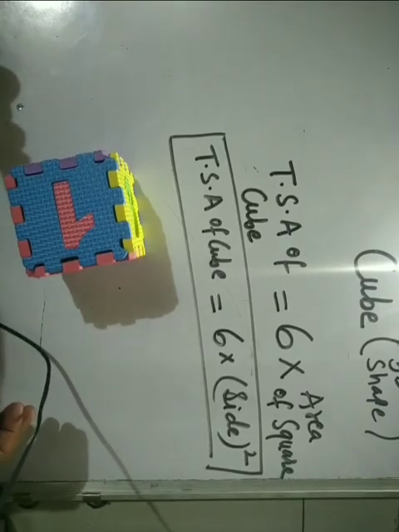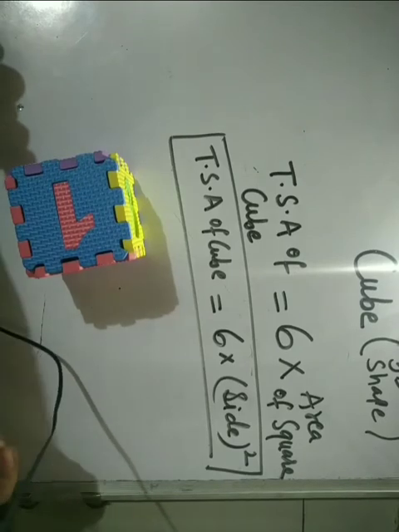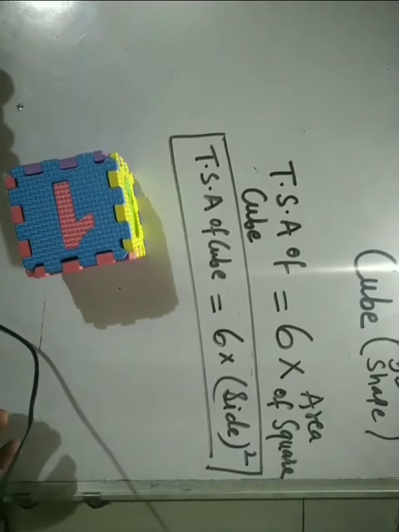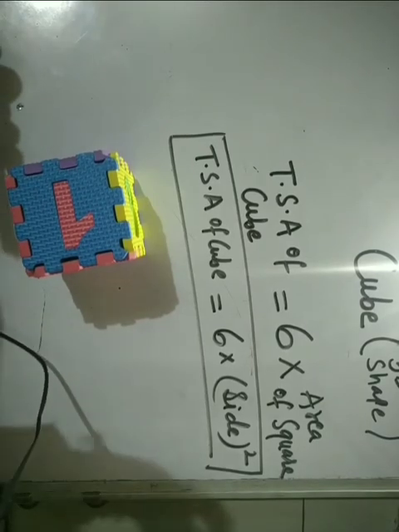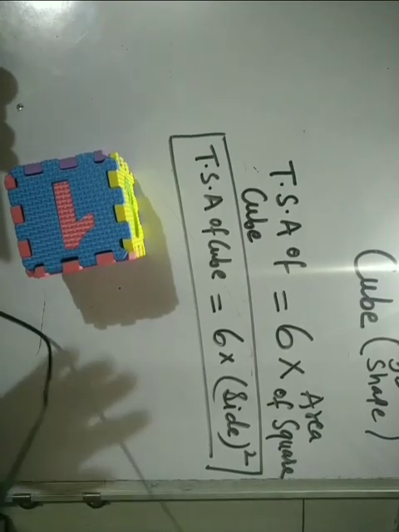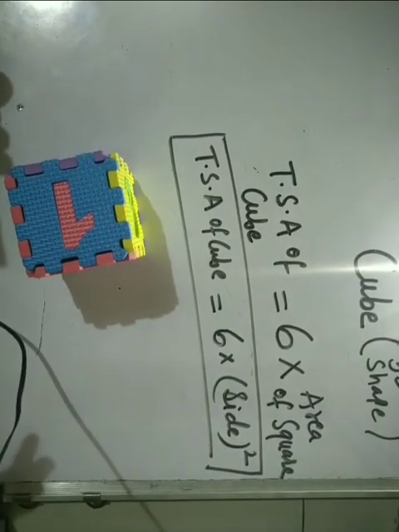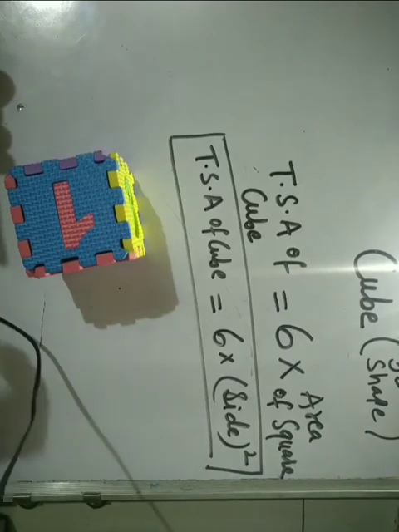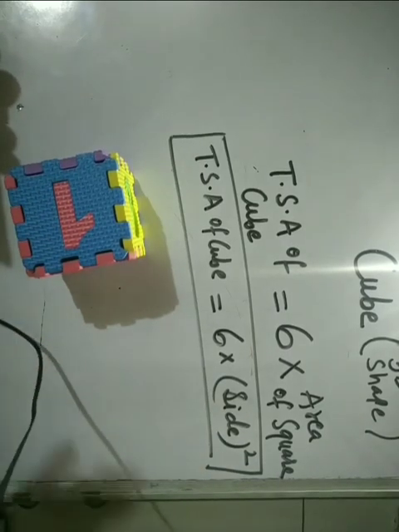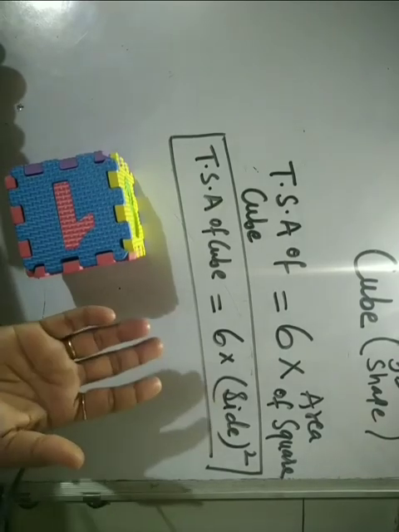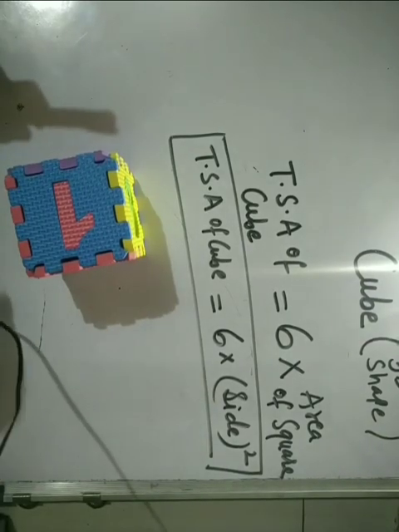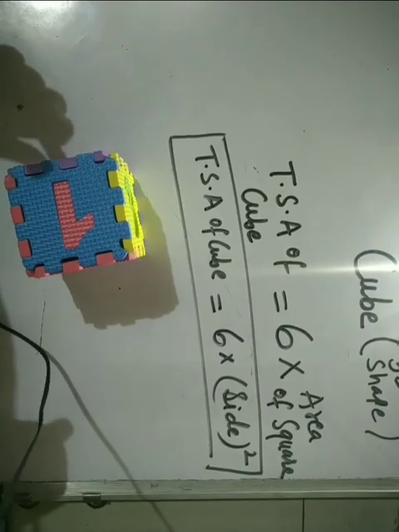If the question is asking how much soil it can hold, how much water it can hold, you need to find its volume. If it is asking how much paper will be required to cover it, how much paint will be required, what will be the cost to paint the box, in that case you will find either curved surface area or total surface area depending upon the question.